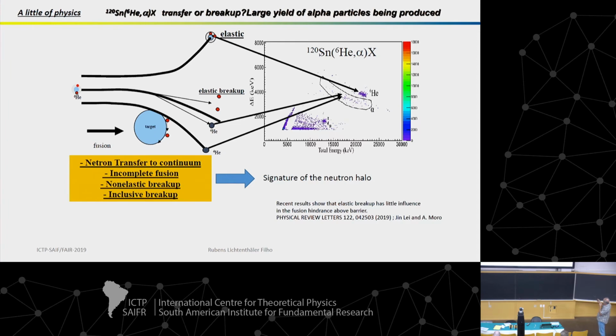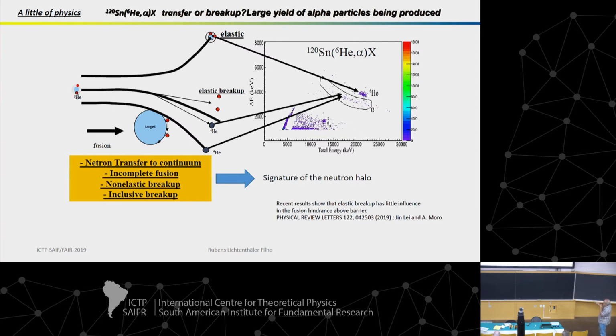So what we have here is the elastic scattering. The particle helium-6 comes here, scatters in the tin target, and goes to the detector. So I have this helium-6 peak here. But you also can have other kinds of processes, such as elastic breakup.